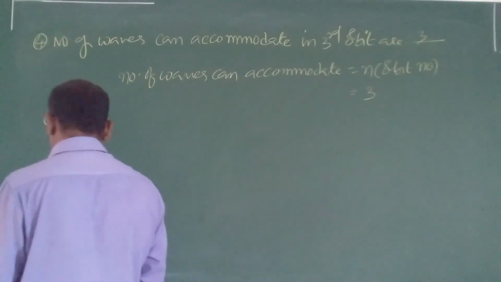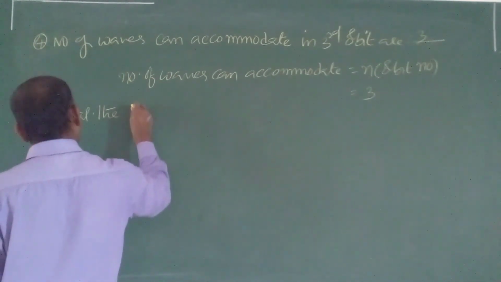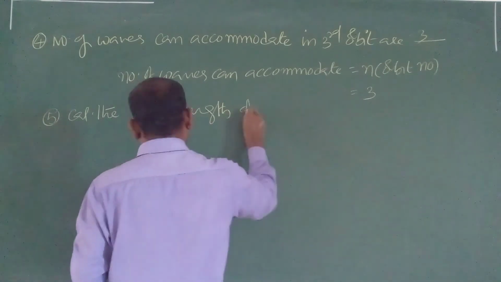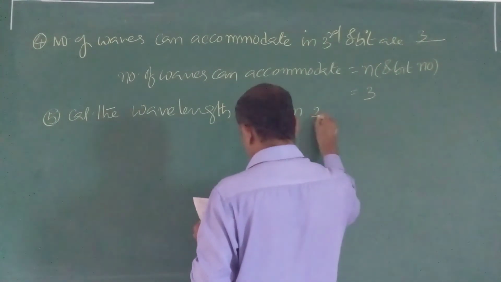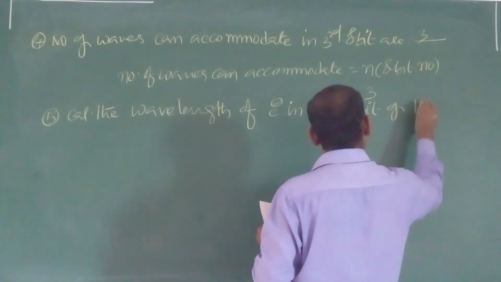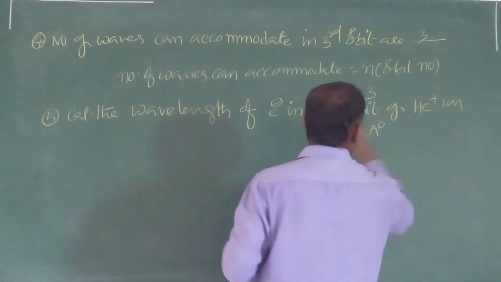Next, the last one. Calculate the wavelength of an electron in the second orbit of He plus ion in angstrom units.